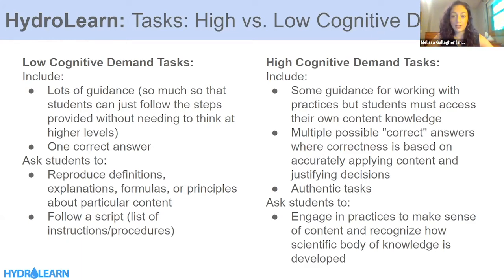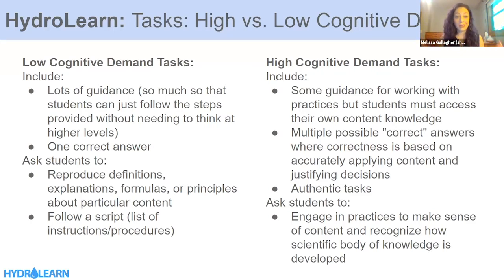High cognitive demand tasks may include some guidance for students, but also require them to access their own background knowledge or to play around with and try things out on their own. High cognitive demand tasks also typically have multiple correct answers, where the correctness of an answer is based on how students apply their content knowledge and justify decisions.